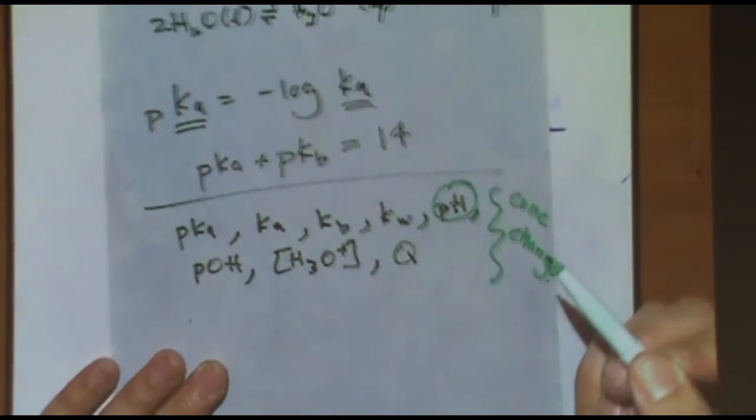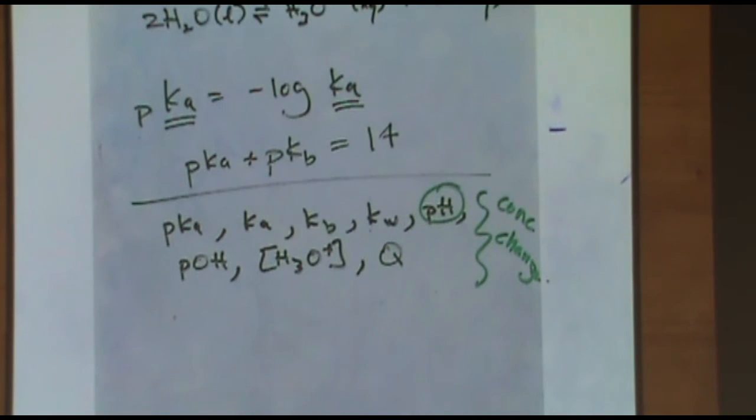Okay, pH changes. So that means a strong acid has a pH around what number? 0, maybe 1. Can it go larger than 1? Yes, if the concentration of H3O plus goes down. If you have an initial molarity that gets smaller and smaller, you can have an acid that has a pH that goes up and up.